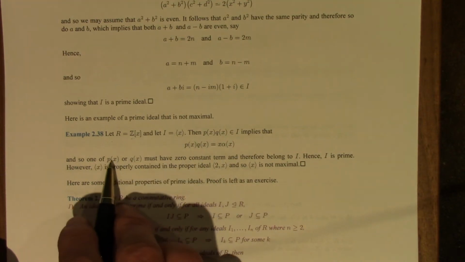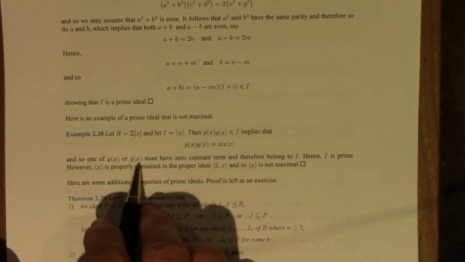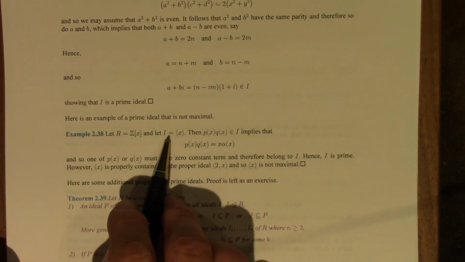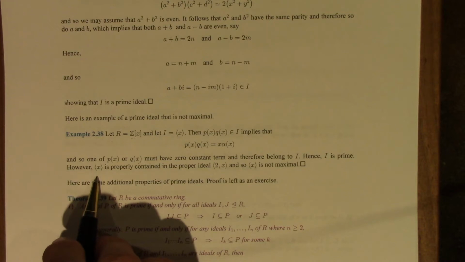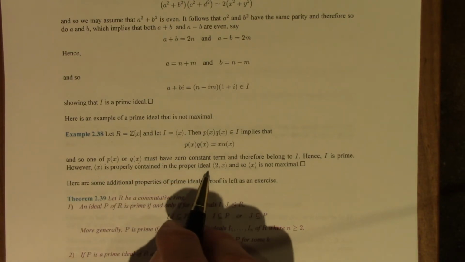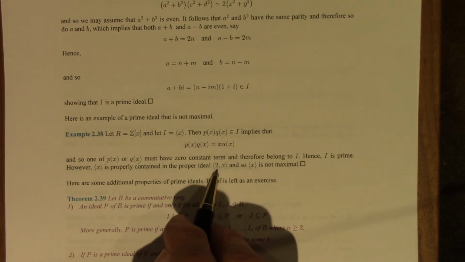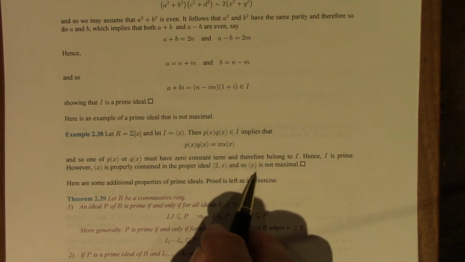And that means one of the factors, p(x) or q(x), has to have zero constant term, and therefore is a multiple of x; it belongs to the ideal I. So I is prime. But this ideal is properly contained in the proper ideal generated by 2 and x, and so the ideal generated by x is not maximal.